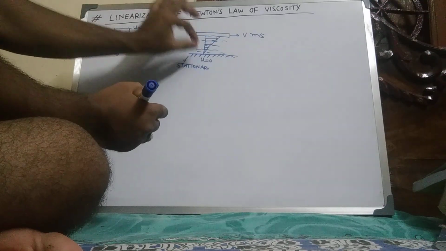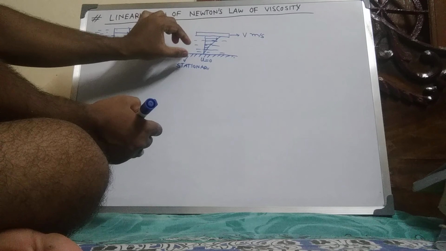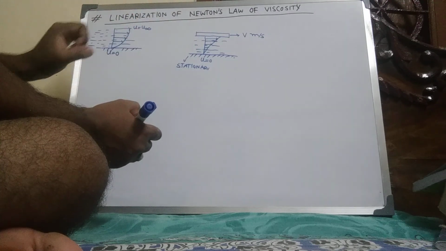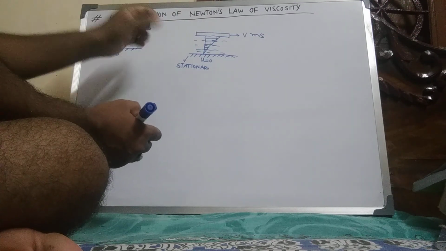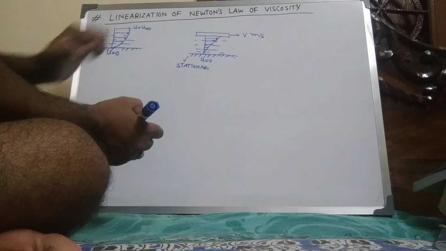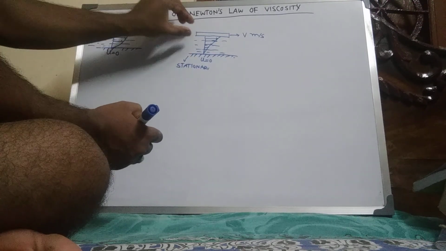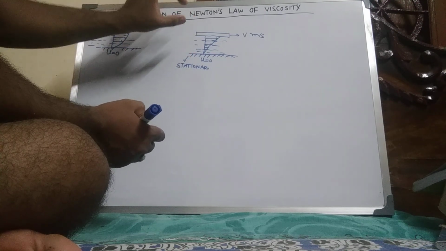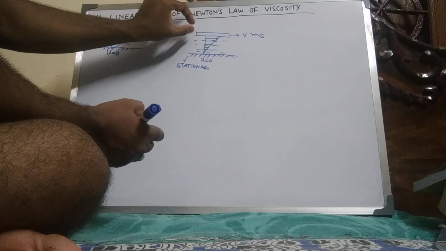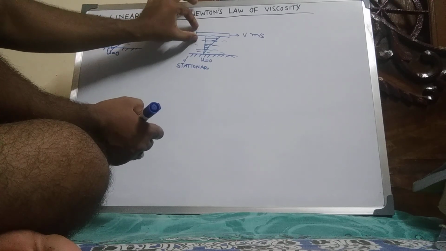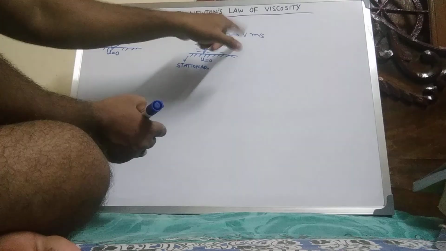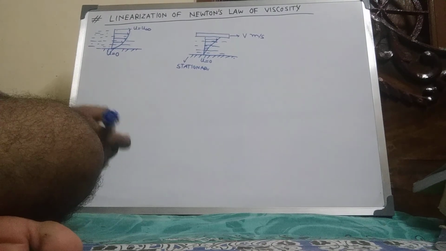Near this solid boundary, velocity of fluid is 0, but velocity of fluid near this moving solid body is v. Understand?